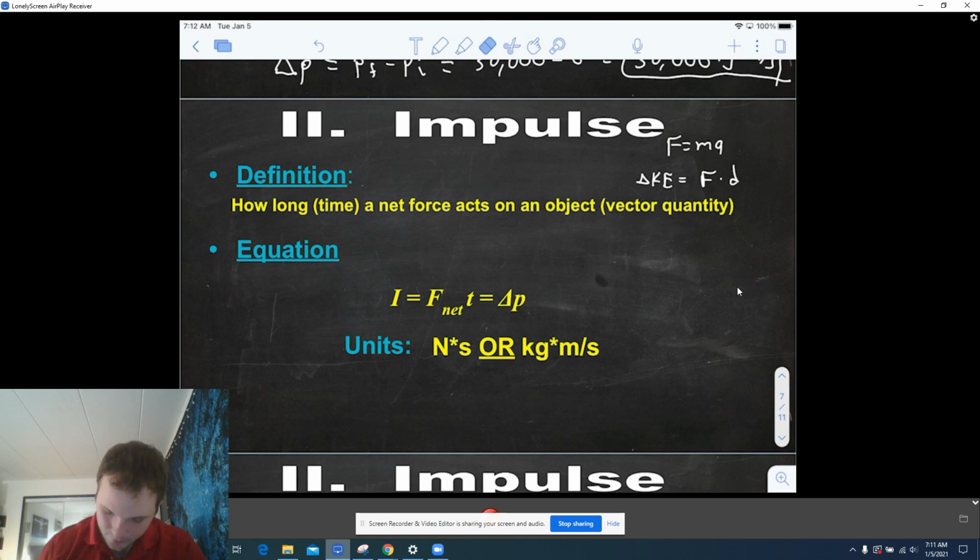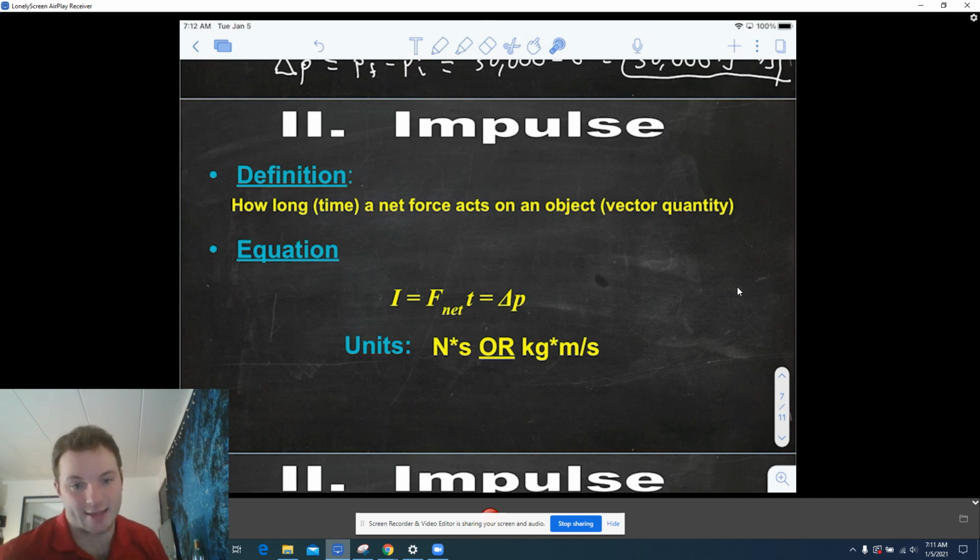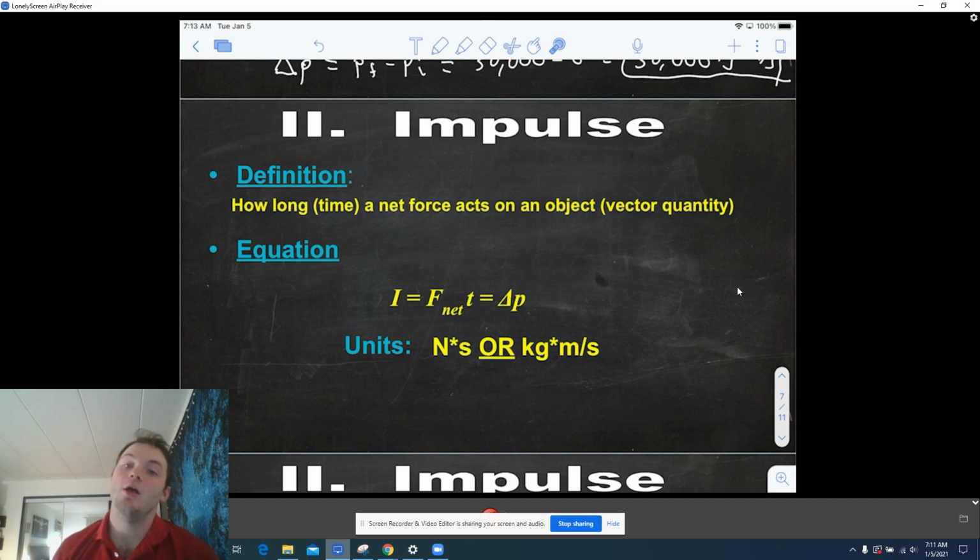So impulse is defined as the force times the time that the force was acting. Think about pushing on a box with 20 newtons of force for 3 seconds versus pushing on a box with 20 newtons of force for 3 minutes. That should have a different effect on the box.